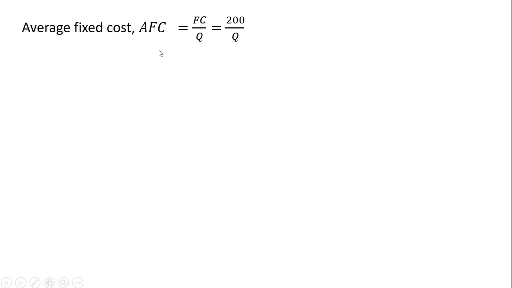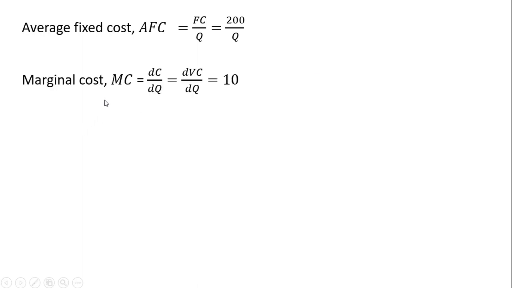Our average fixed cost is going to be fixed cost divided by the quantity. So fixed cost was 200, and I'm just dividing that through by Q. You'll note here that as Q gets bigger, average fixed cost gets smaller and smaller. This will always be a property of average fixed cost.